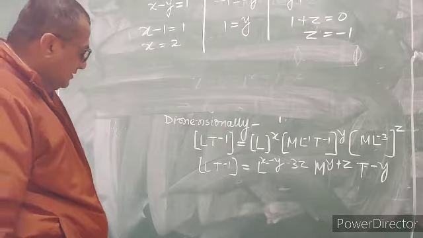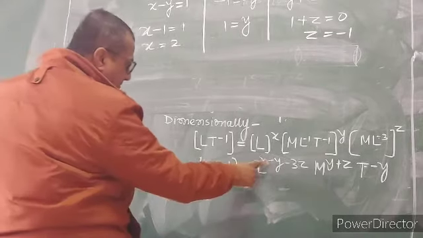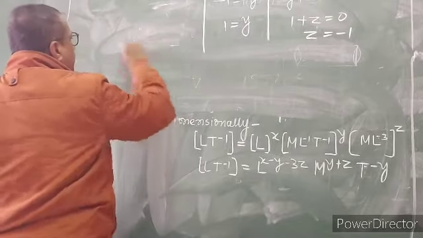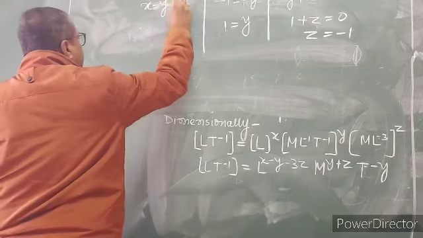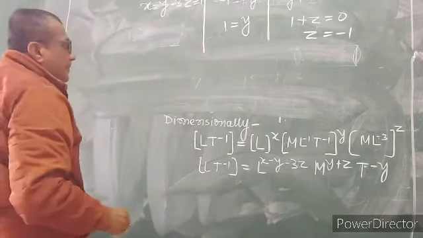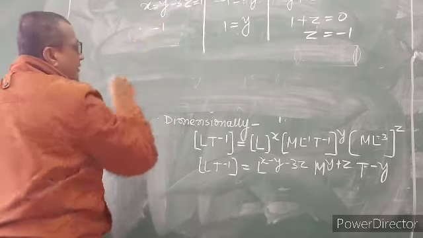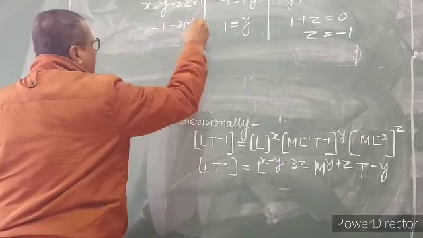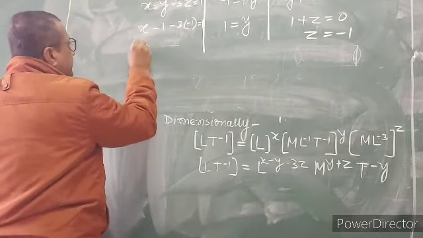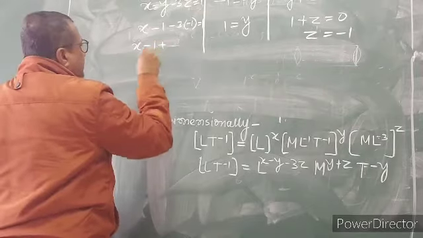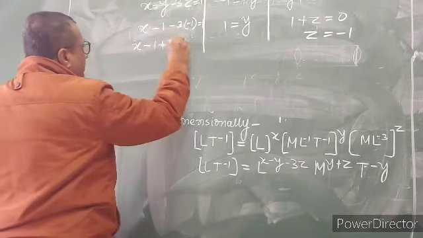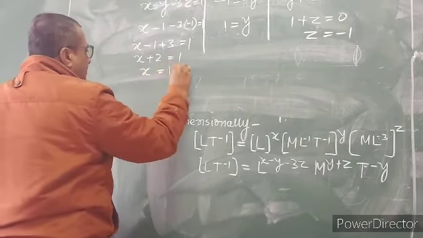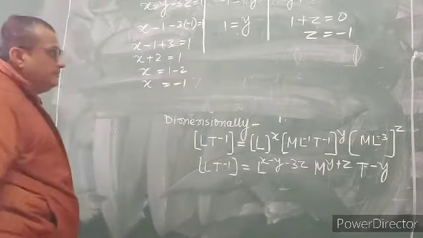Once more, I think there is a mistake here. x minus y minus 3z is equal to 1, that is y equal to 1, z equal to minus 1, that is x minus 1 plus 3 equal to 1, x plus 2 equal to 1, x equal to 1 minus 2, x is equal to minus 1.